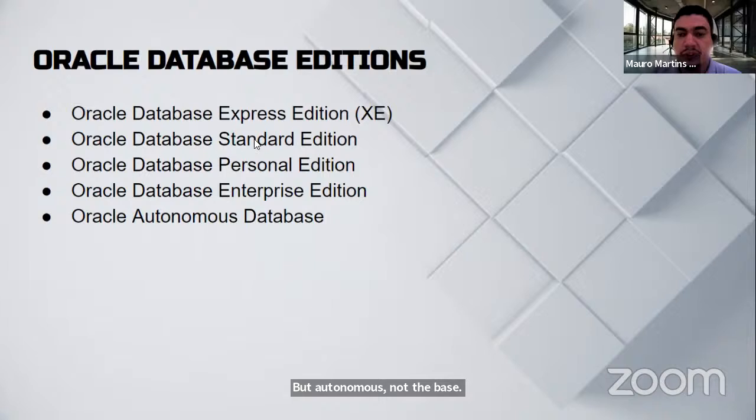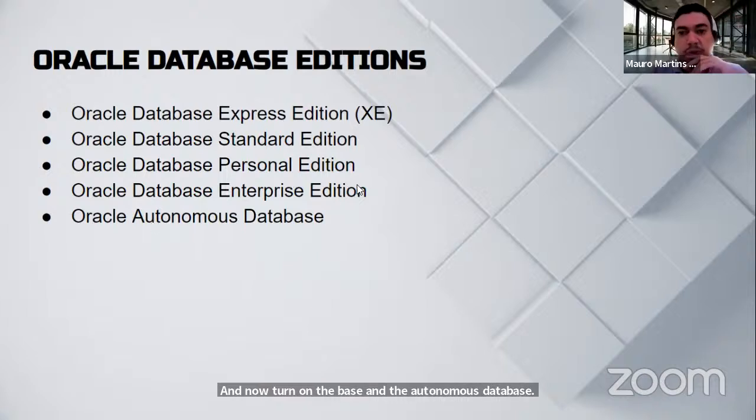In other words, DBAs don't have to execute all the tasks that they execute on Enterprise Edition. For example, you can configure backups and restores. You can configure many features in an autonomous database, and the autonomous database does it for you.